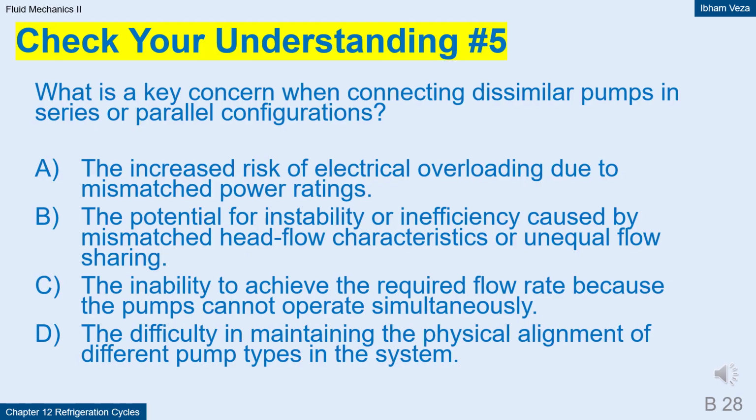Option C. Pumps can usually operate simultaneously, but mismatched characteristics can lead to inefficiencies or danger rather than inability to meet flow rates. Option D. Physical alignment may require attention, but is not the critical issue in terms of operational stability or efficiency. The primary concern is hydraulic compatibility.